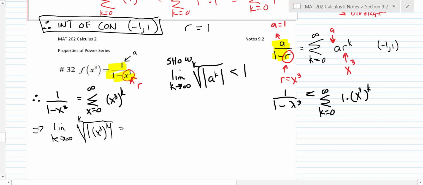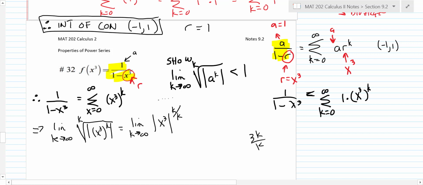Okay? So what's the k root of anything to the k? Itself, exactly. Remember, you're just doing 3k over k. You can do this in your head, but just to show you, what we're really doing is the absolute value of x to the third to the k over k.